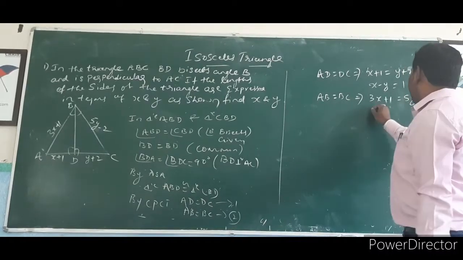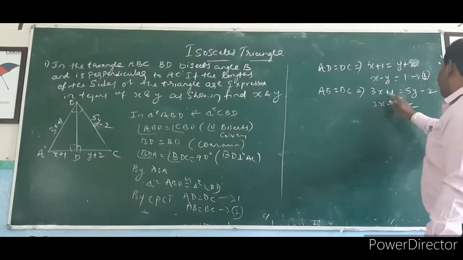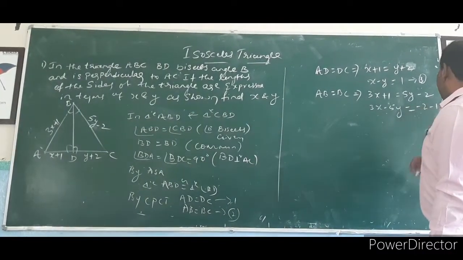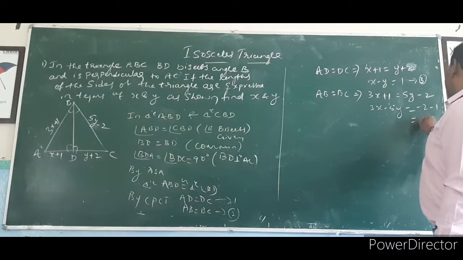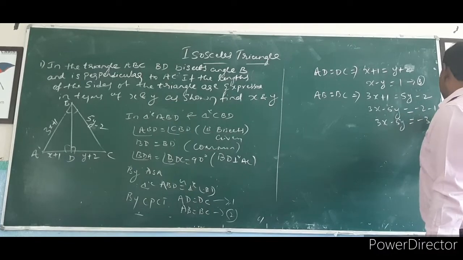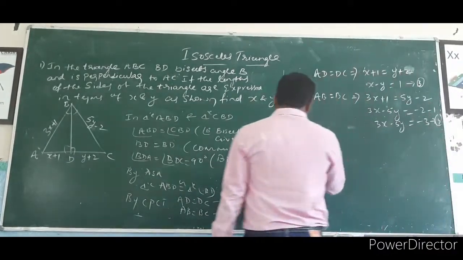Shift 5y and 1 to the other side: 3x minus 5y is equal to minus 2 minus 1, which is minus 3. This is equation number 4.